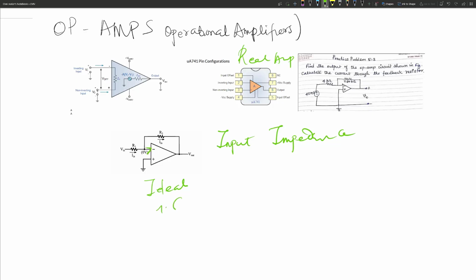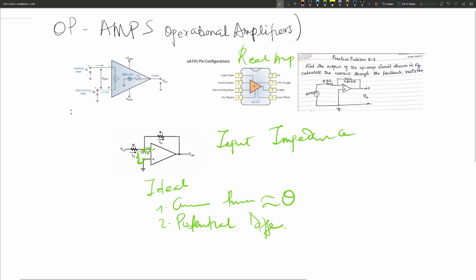So the current through the terminals is approximately 0, and also the potential difference here is 0. Meaning the majority of the time the voltage here is the same as here. So that's basically what to know about ideal operational amplifiers.